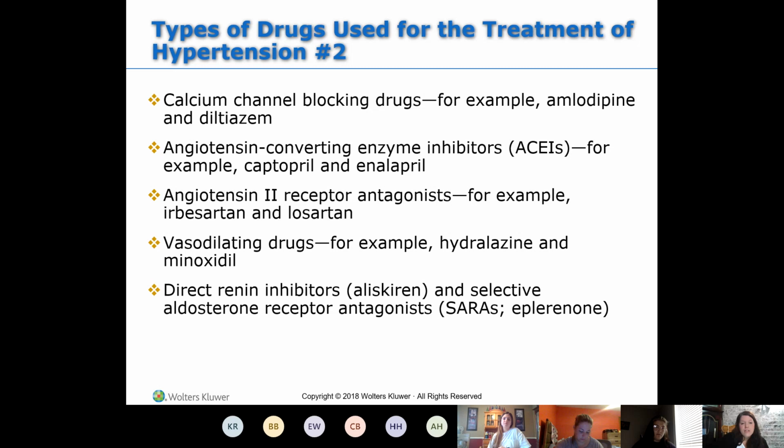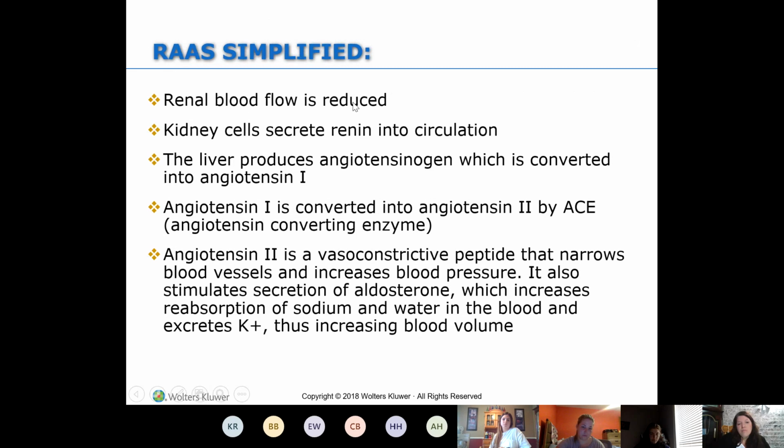Angiotensin 1 is converted into angiotensin 2 by ACE. Angiotensin 2 is a vasoconstrictive peptide that narrows blood vessels and increases blood pressure. It also stimulates the secretion of aldosterone, which increases reabsorption of sodium and water in the blood and excretes potassium, thus increasing blood volume. So that's just a good thing to know, and it'll help you understand these drugs.